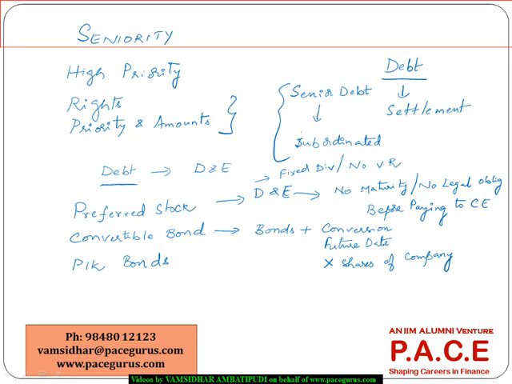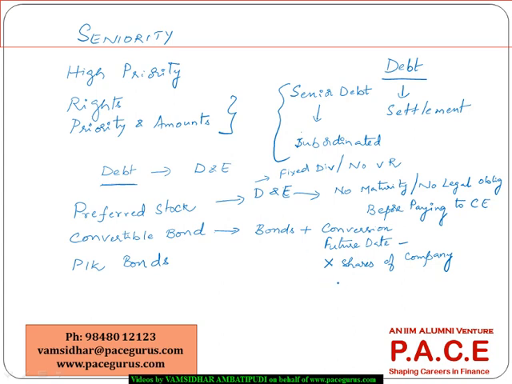But that is not now. That is after a future date. After a future date, each bond can be converted into some X number of shares of the issuing company.